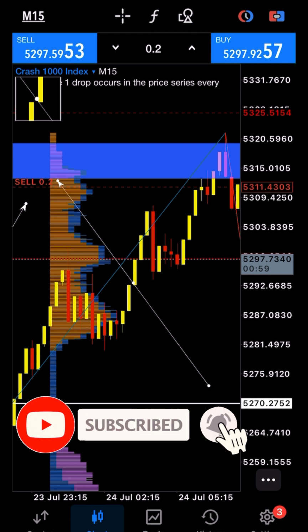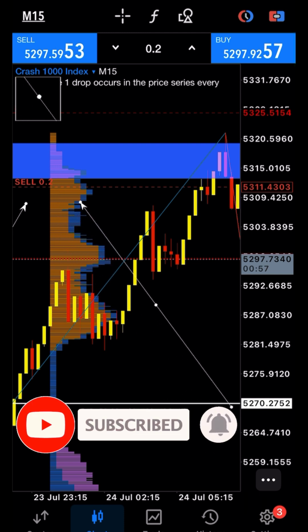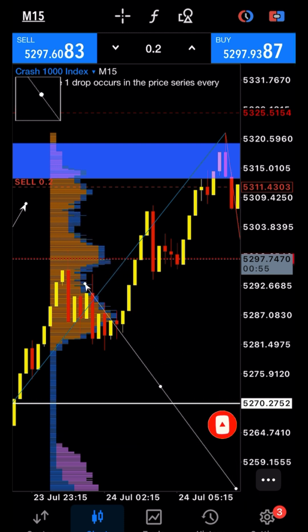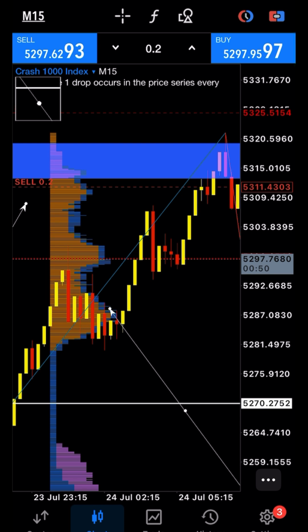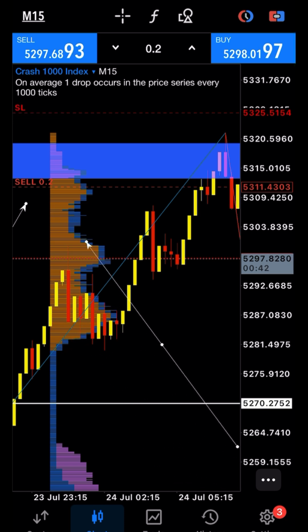So that's the orange color. But if you observe, you can also see the blue color, which is the European session, and the European session also had some volume on that zone. So that also tells you it's a good confluence.